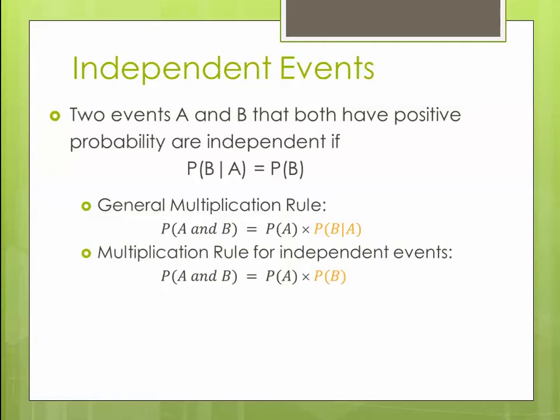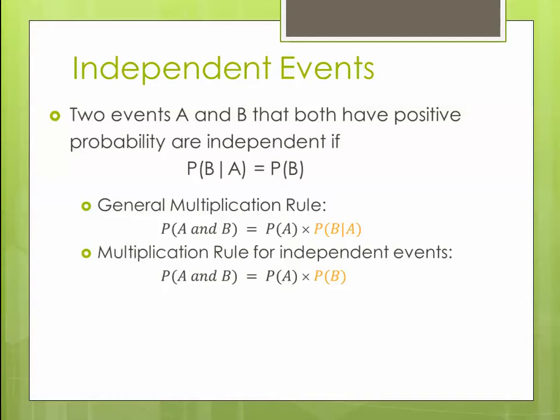So independent events. We have already defined independent events as events that don't really depend on each other, like knowing about one doesn't influence whether the other happens. But now we have this way to formalize that and say that if they have positive probabilities, in other words, neither of them has a probability of 0, they're independent if their conditional probability is the same as the regular probability.